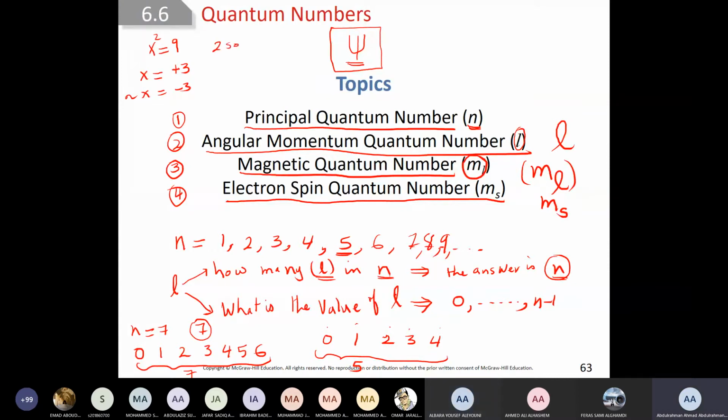What are the solutions? Minus 3 and plus 3. And that's 2 solutions.